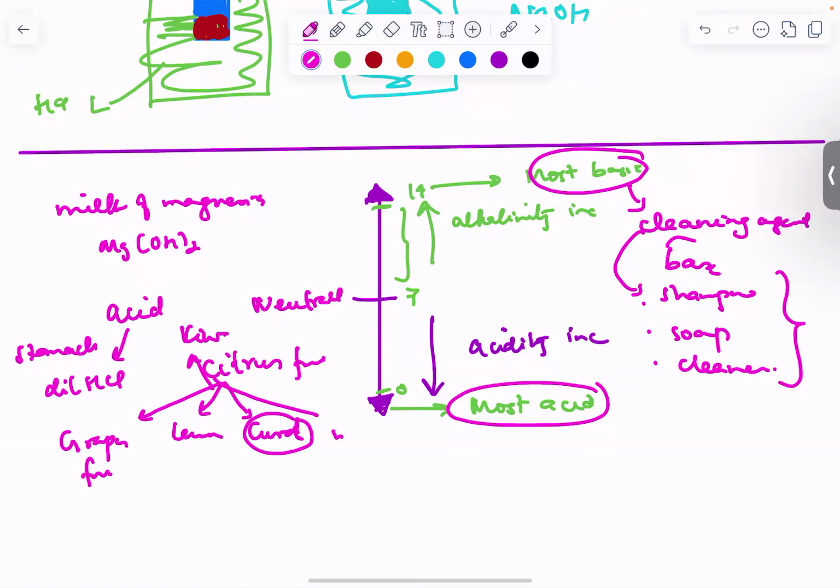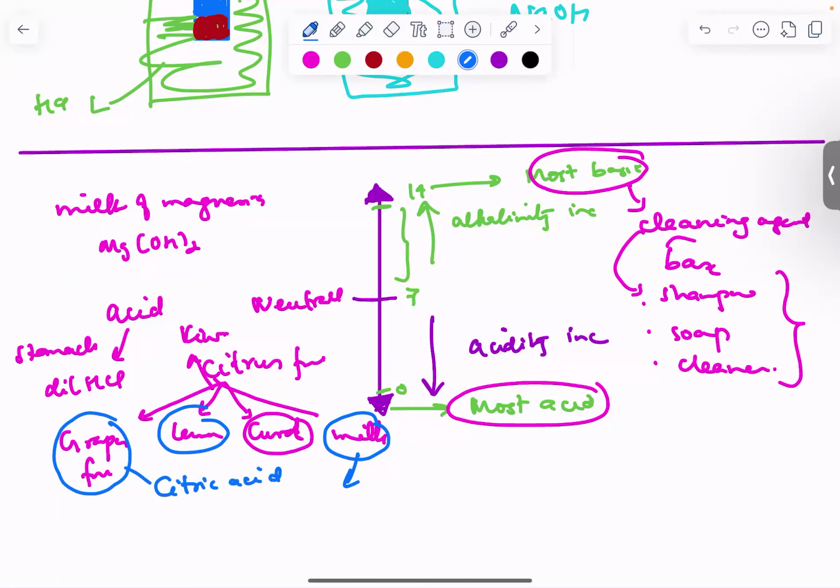Curd and milk are also acidic because milk contains lactic acid. Grapefruit and lemon contain citric acid. That is why they are called citrus fruits. So, citrus has been taken from citric acid.